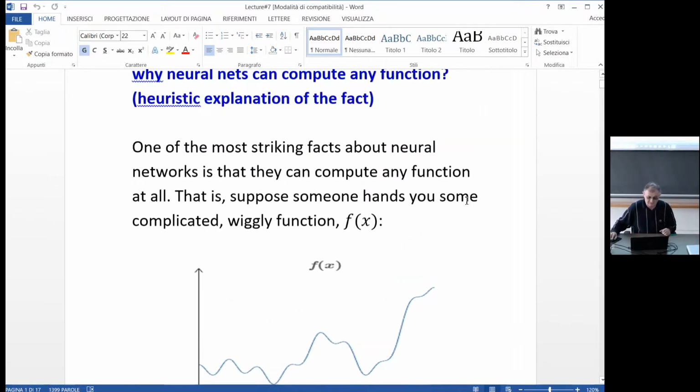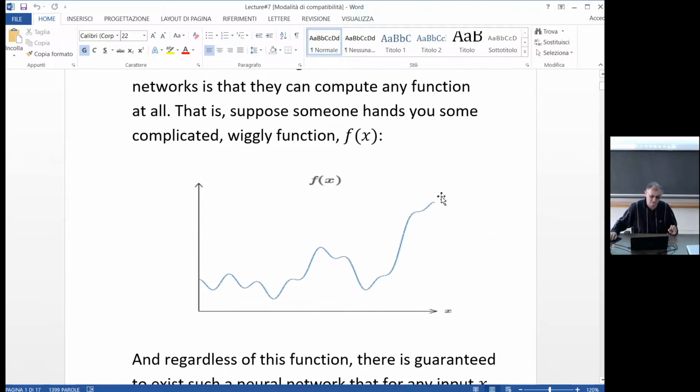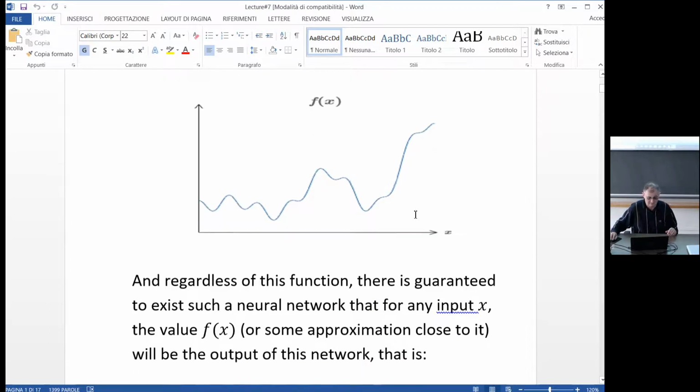And also, if we consider any function, for now only a one-dimensional function, which depends on a one-dimensional argument, f of x.